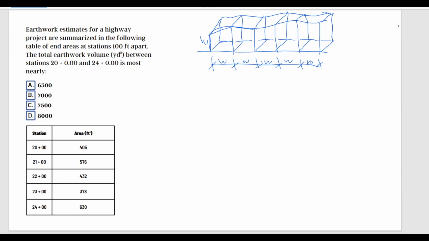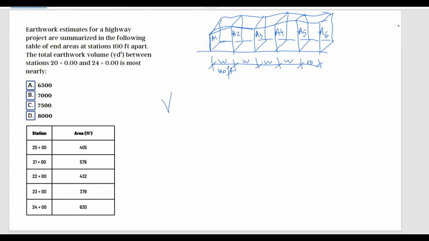Now instead of a height, we actually have areas spaced at a certain distance apart, lowercase w. In our case, this lowercase w is 100 feet. And this is area 1, area 2, area 3, area 4, area 5, area 6. In our case, we have 1, 2, 3, 4, 5. So let's use trapezoidal rule.